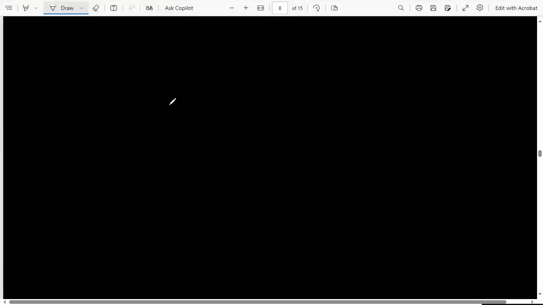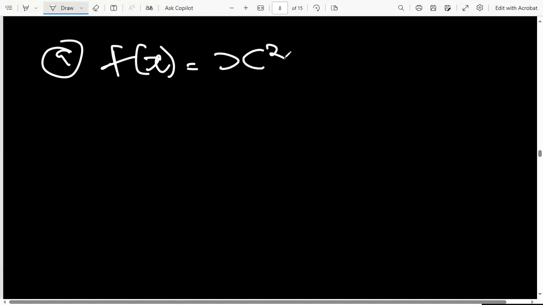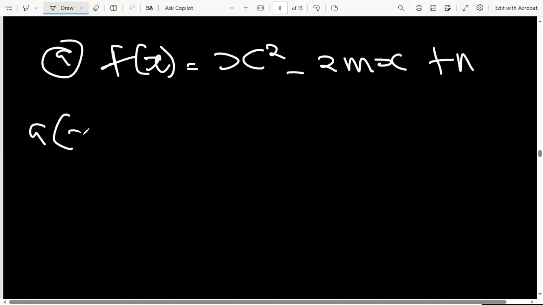The first one there we have f(x) = x² - 2mx + n. We're being asked to express this expression in the form a(x + b)² + c.